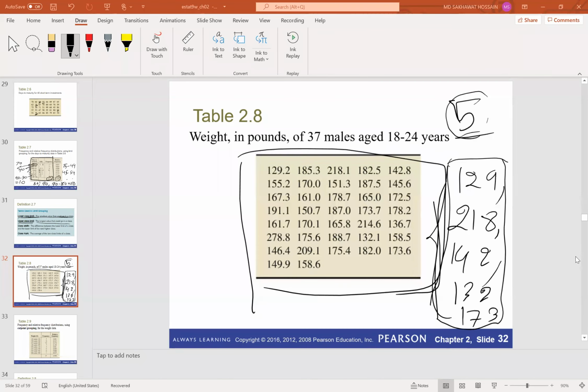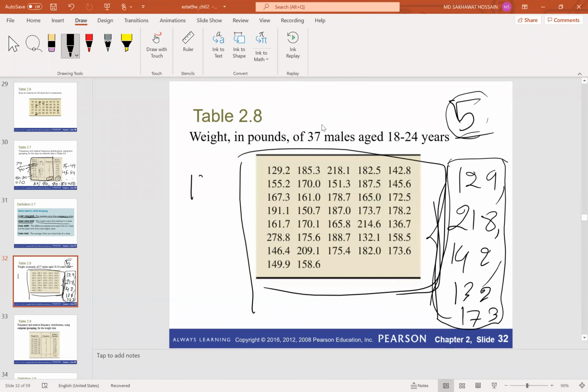So let's first find the smallest value and the largest value. What is the smallest value here? Can anyone tell me what is the smallest one in the data? What is the smallest number here? Okay, 129.2.